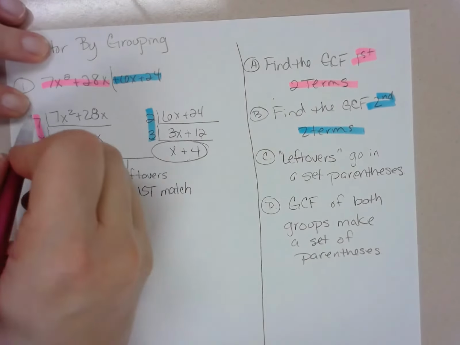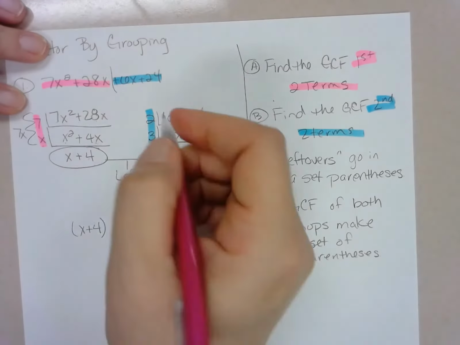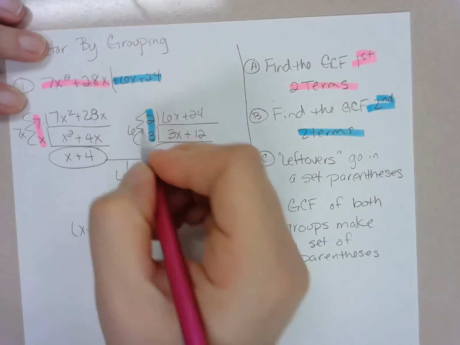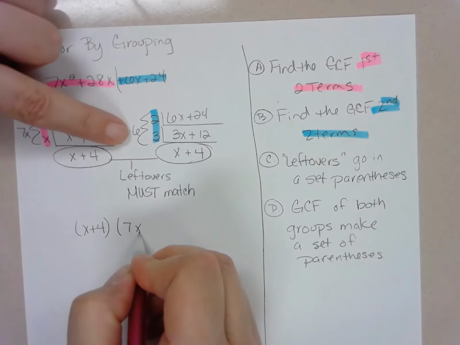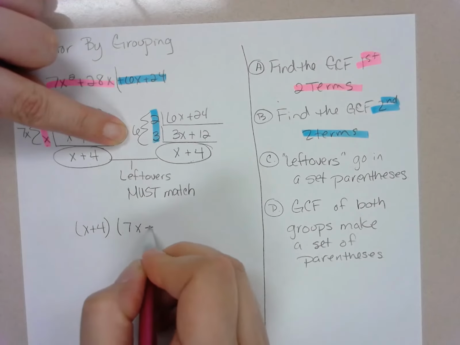So I'm going to multiply these things back together. 7x and 6. So my second set of parentheses is going to be 7x, and this is a positive 6, so 7x plus 6.